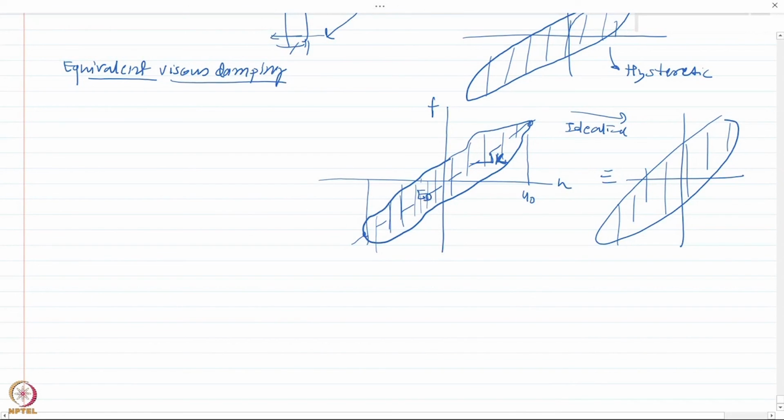Let us call this ED. So the way to go about this is, let us say in this case, again we have the same thing, and I am representing this as E, the energy dissipation in the damper.